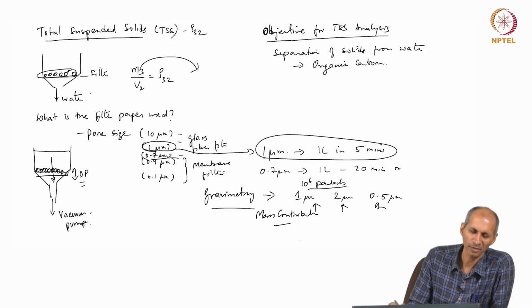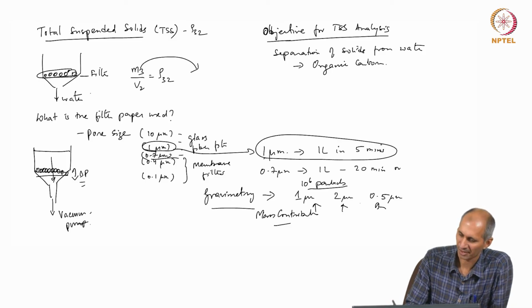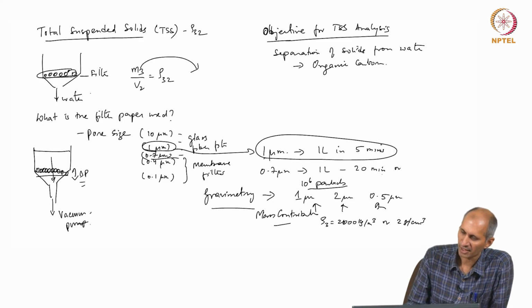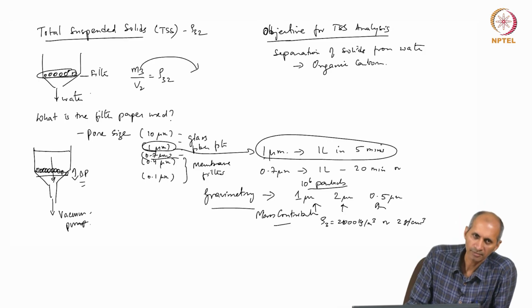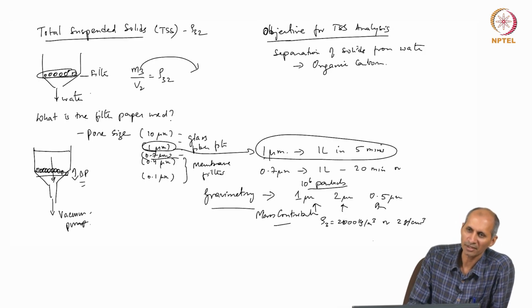You can calculate it if you want. Take the density of the particle as say 2000 kilograms per meter cubed, or 2 grams per centimeter cubed. It will turn out that even if you have 1,000,000 particles, the contribution to mass is very small. You will probably not even see it in the 4-digit balance that you use.